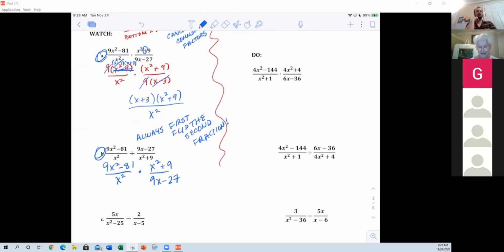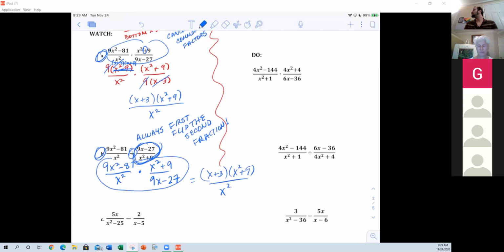And then if you notice, what do you notice about this compared with this? They are the same problem. So don't redo all the work. I know it's going to turn out to be the same, right? You might want to redo the work just to check yourself. But if you remember to take the reciprocal of the second fraction first, you could save yourself a lot of work. Okay, so I want y'all to do these two right now.